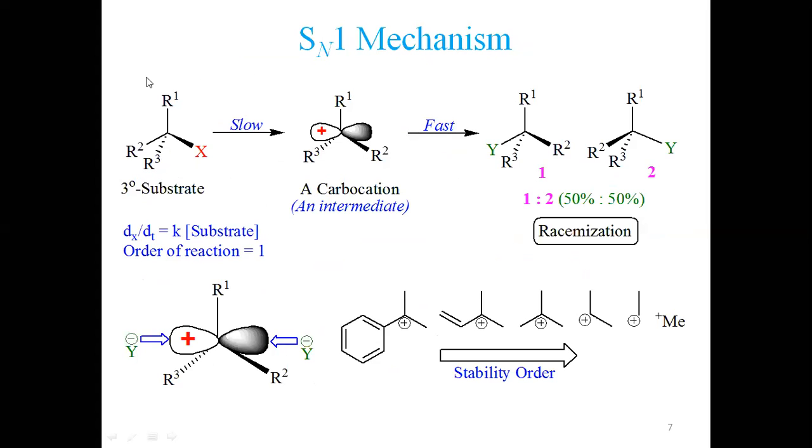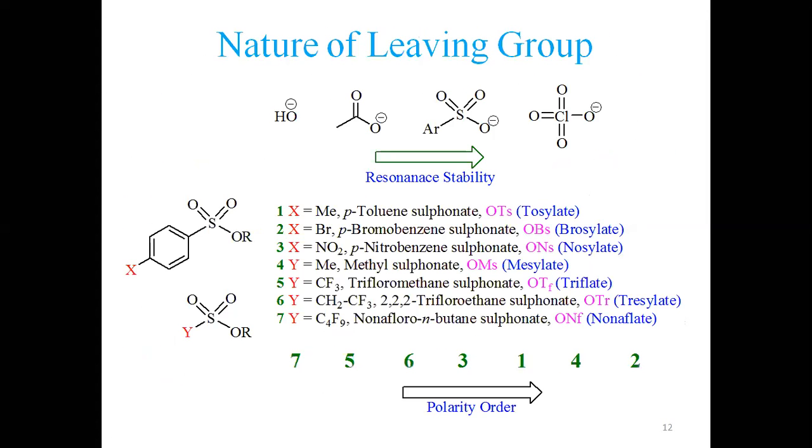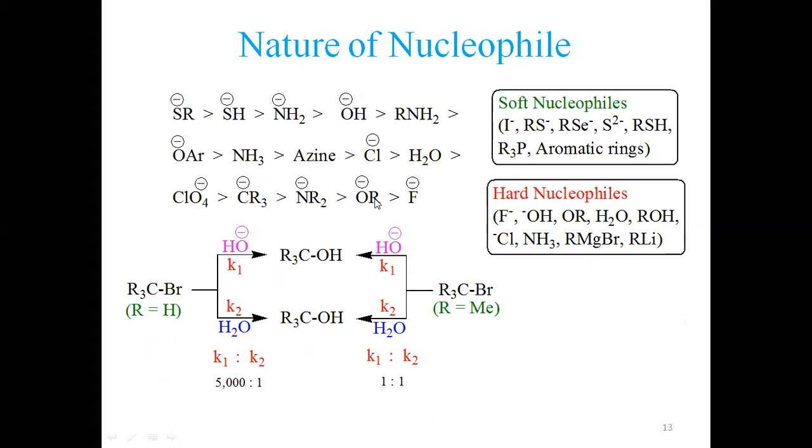And in the rate determining step, there is no nucleophile. So it doesn't depend upon the nature of the nucleophile. Whatsoever the nucleophile is, whether charged or uncharged, it doesn't make any difference, because with respect to kinetic studies, SN1 reactions are zero order with respect to the nucleophile. So they are having the same rate. But in the case of an SN2 reaction, the presence of charge or uncharged does make a difference. The presence of charge or uncharged in the SN1 mechanism makes no difference at all. This is very important to remember.